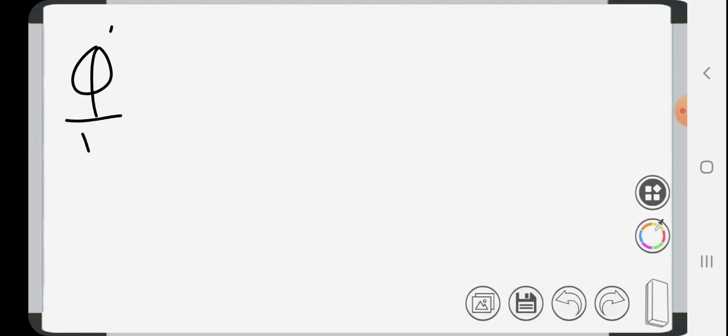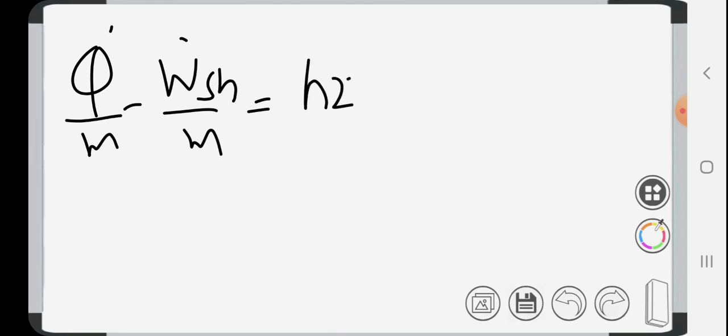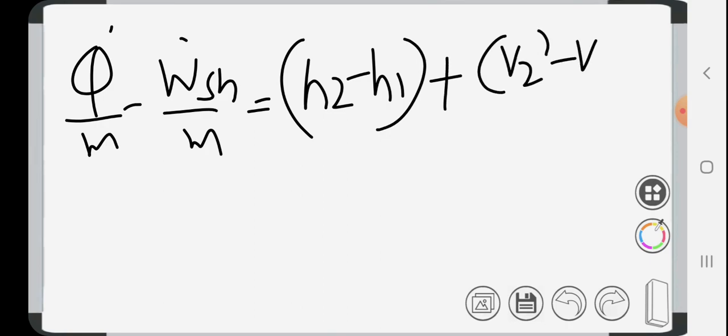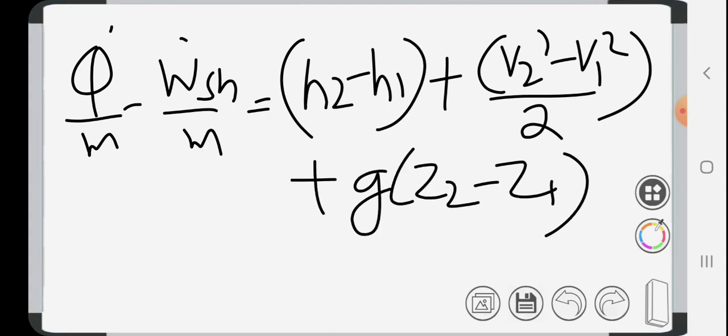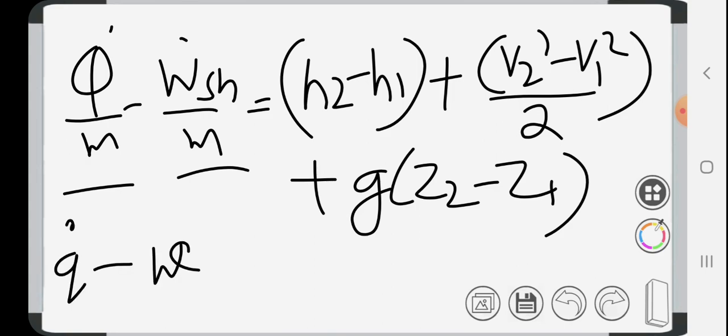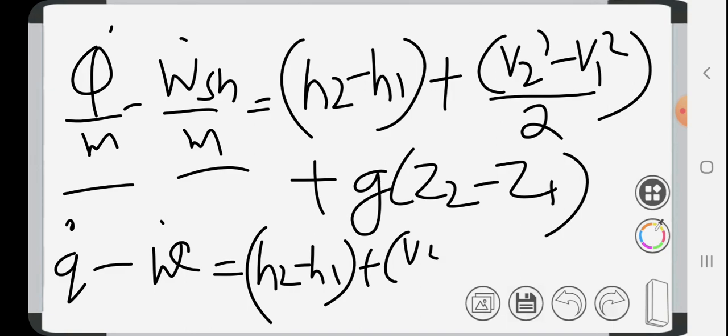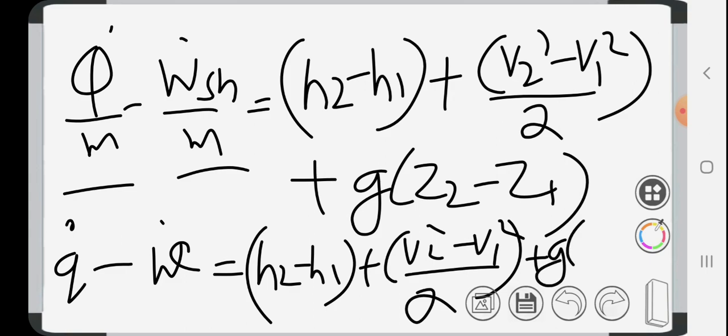Alright. Now I am taking this m common and taking it to the left hand side. So Q dot by m minus shaft work by m equal to h2 minus h1, and I am rearranging it like (V2 square minus V1 square) by 2 plus g(z2 minus z1). So this is nothing but small q and small w. Small q dot minus small w dot equals h2 minus h1 plus (V2 square minus V1 square) by 2 plus g(z2 minus z1).